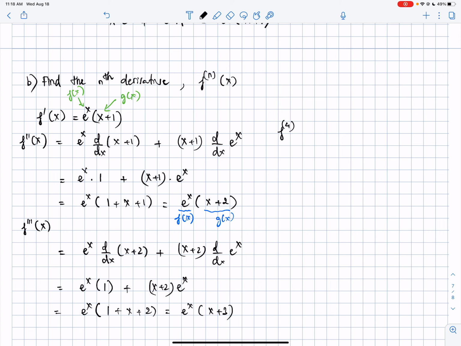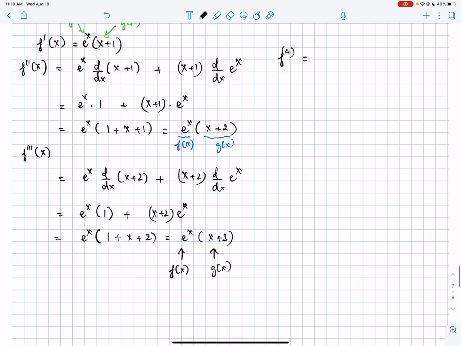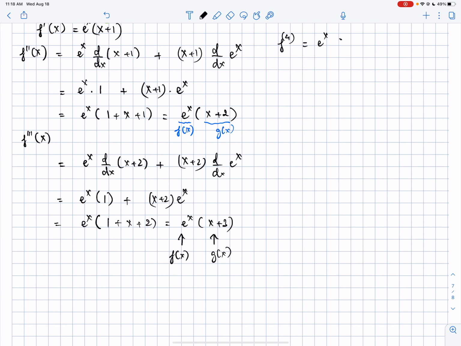When we want to do the fourth derivative, this will become the f of x, and this is g of x. Then we will have e to the x times the first derivative of x plus 3, plus x plus 3 times the first derivative of e to the x.